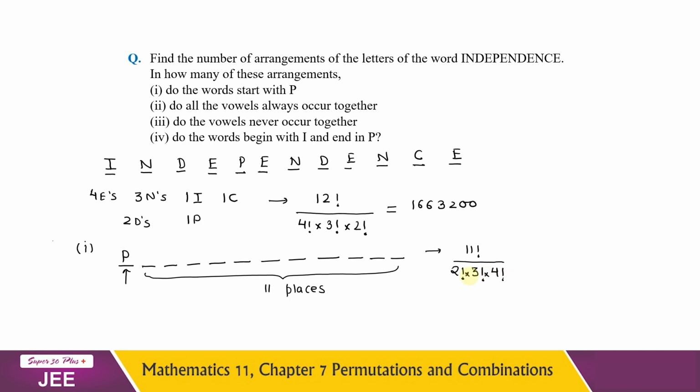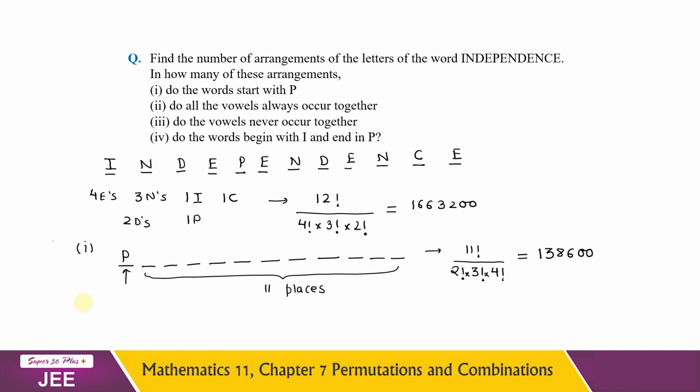So in this part we have written 11 factorial divided by 2 factorial into 3 factorial into 4 factorial, and upon calculation the net answer comes out to be 138600.